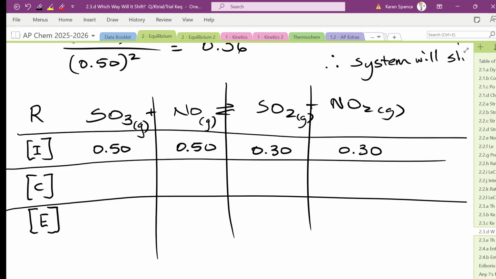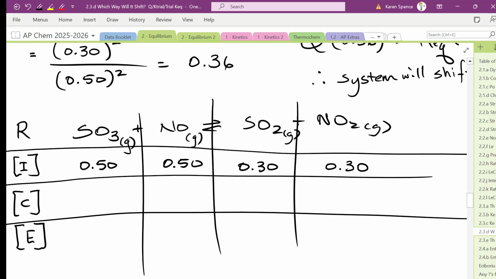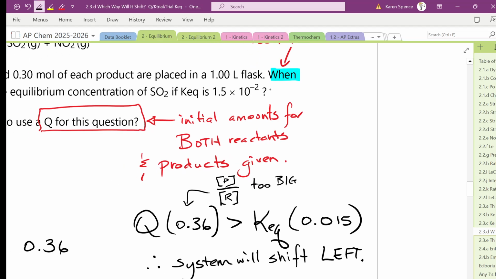But it doesn't work because you need to look at what the actual position of the equilibrium is, right? The actual equilibrium has a small product over reactants, yeah? So you need a small amount of product over a larger amount of reactant because this is less than 1.